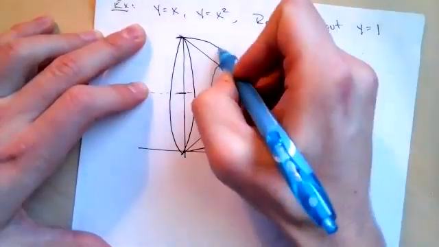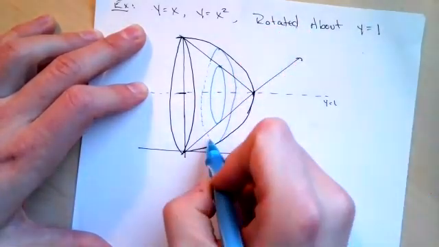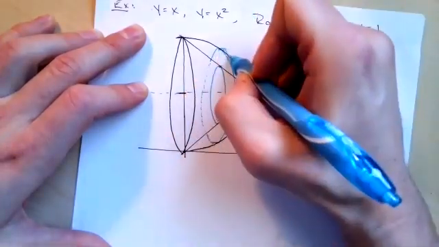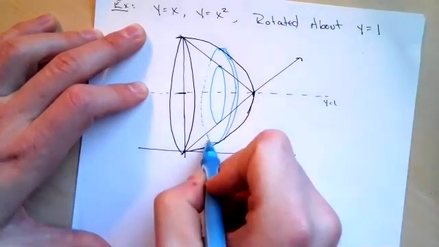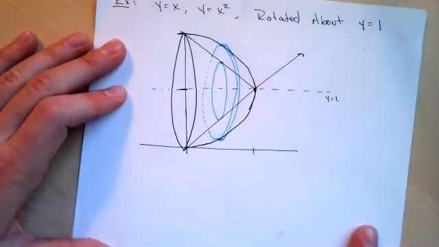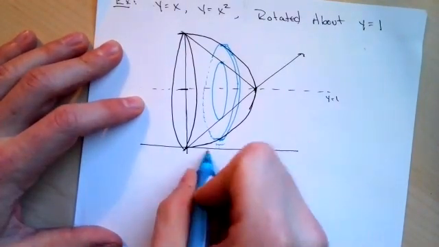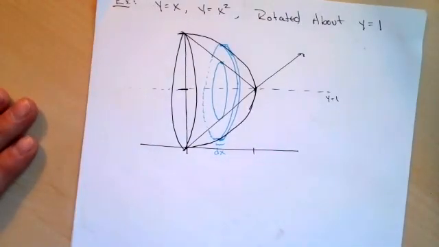So we've got vertical slices. The width of each slice is again dx.